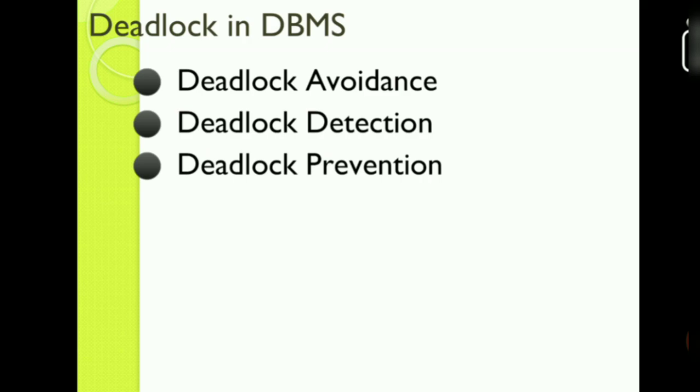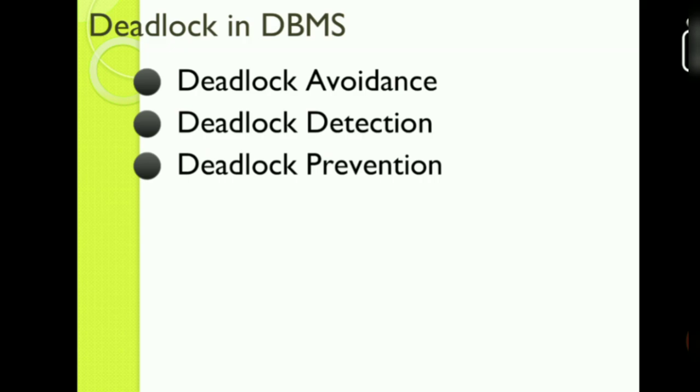What is deadlock avoidance? Avoiding the condition for deadlock. When a database is stuck in a deadlock state, it is better to avoid the deadlock rather than aborting or restarting the database.